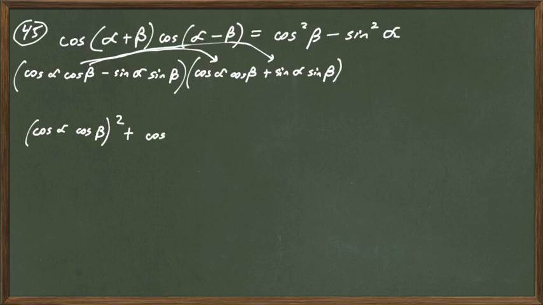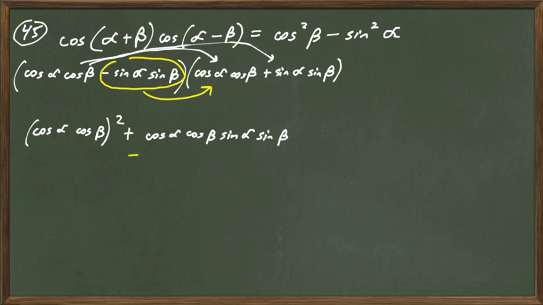I get cosine alpha cosine beta times what? Sine alpha sine beta. Now I'm going to distribute this negative thing here. What does this give me? Would this give me negative cosine alpha cosine beta times sine alpha sine beta?